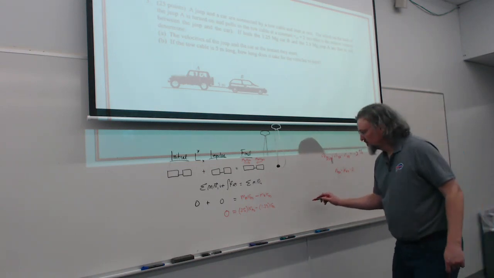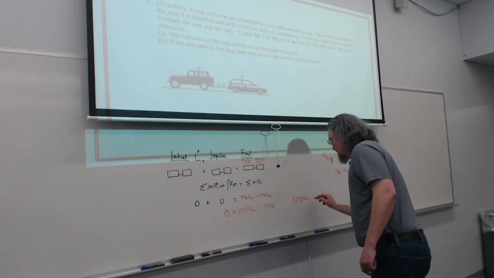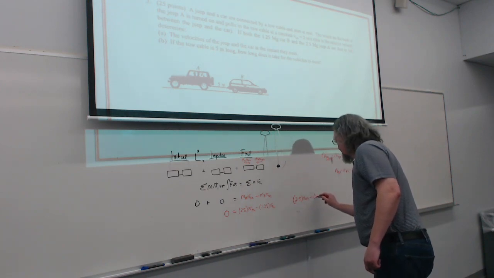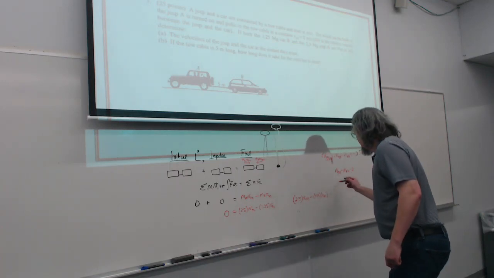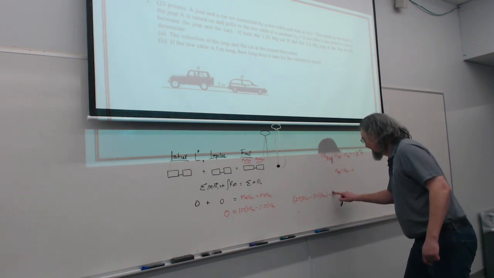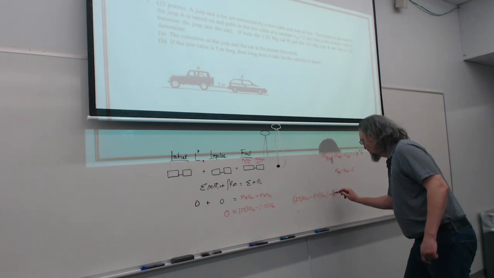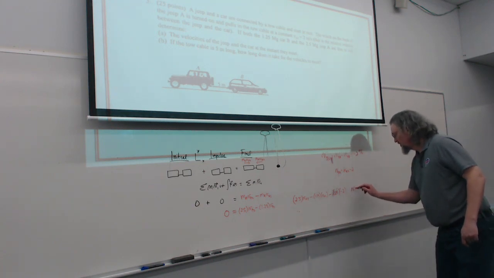And put them in. And say 2.5 times VA2 minus 1.25 times VB2, and then that's also going to be 1.25 minus 2, VA2.